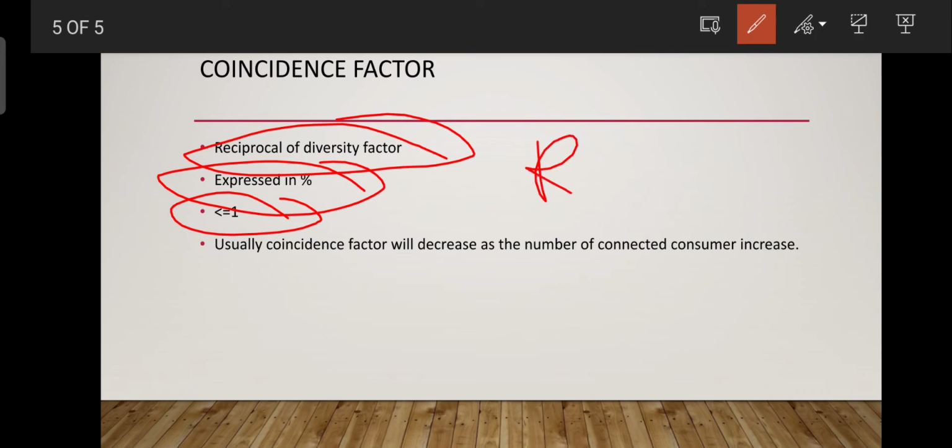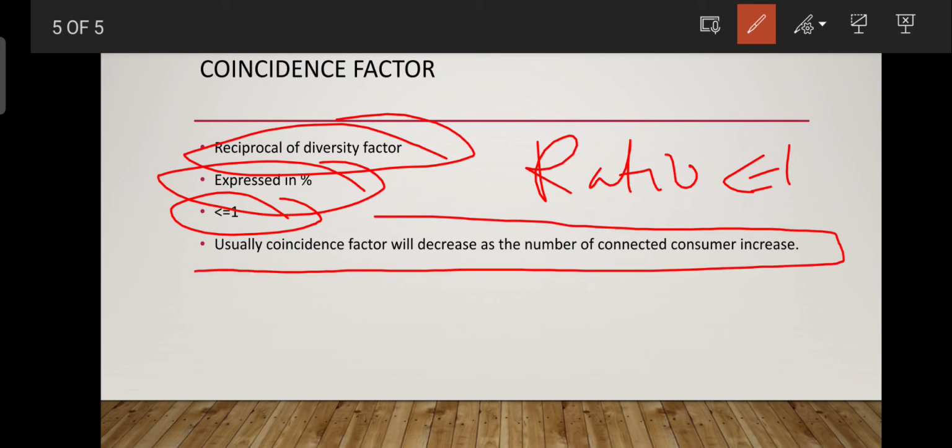Usually the coincidence factor will decrease as the number of connected consumers increases.